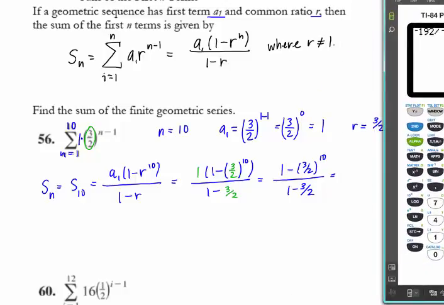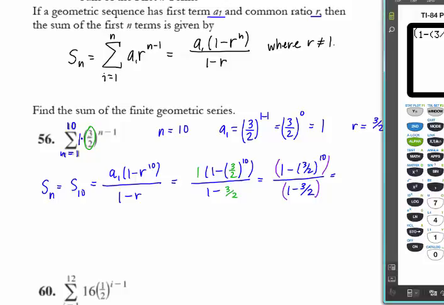So let's see what we can do in our calculator. I want to raise all of 3 halves to the power 10 and have that be the numerator. So notice that those parentheses indicate that I have one giant numerator right here.